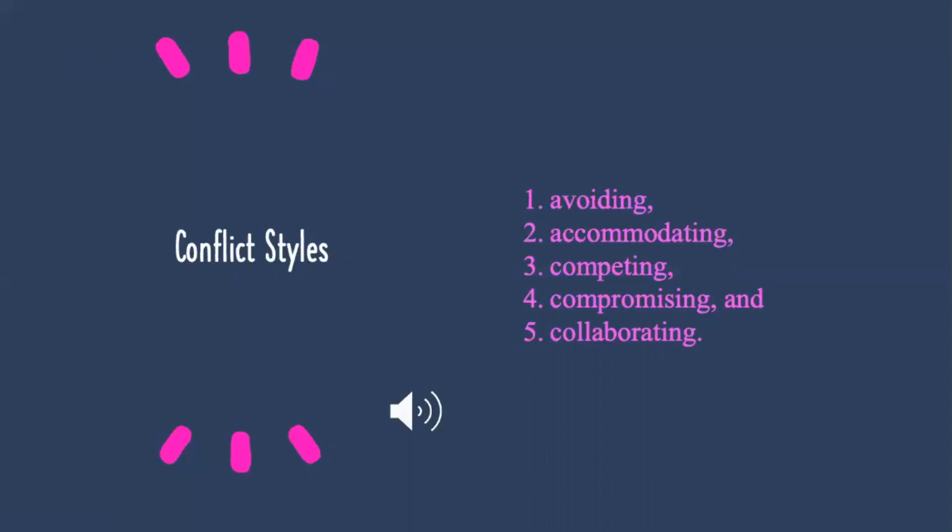Next, competing. Fourth, compromising. And fifth, collaborating. So these styles reflect the tension between seeking personal goals and working cooperatively to achieve the group's final goal. And so these are some of the typical traditional conflict styles that we see in group and team dynamics that we should become aware of.